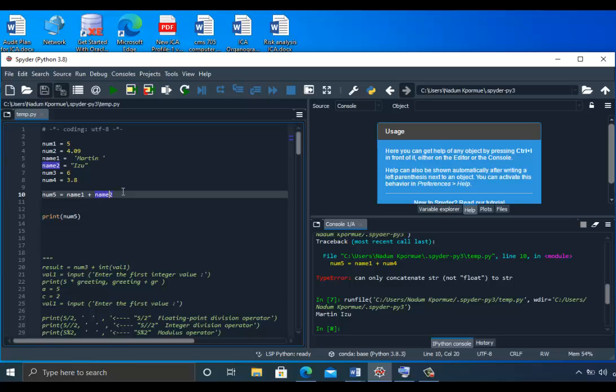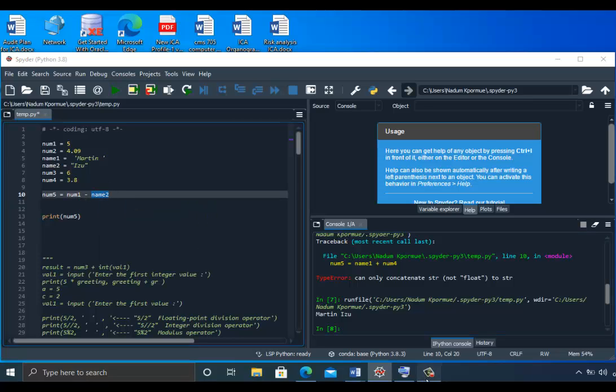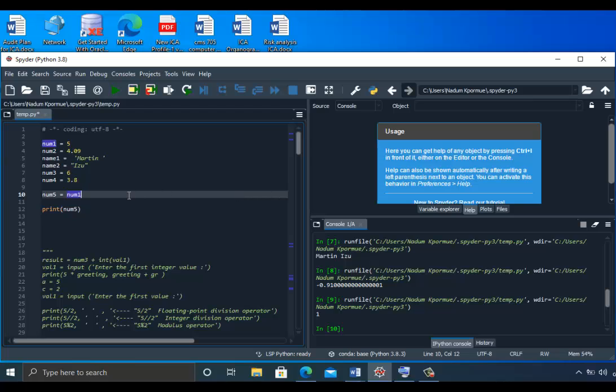Having got that, let's move on to the next operator, the subtraction operator. So num1, all right, num1 minus num3 minus num1. We're looking at the subtraction operator. It's simple as well.